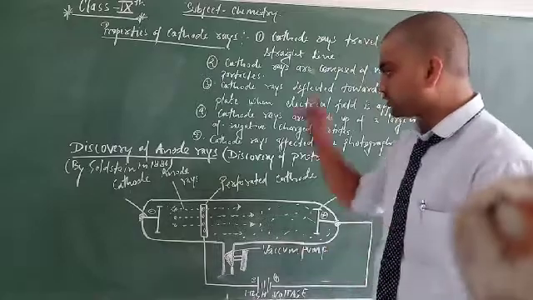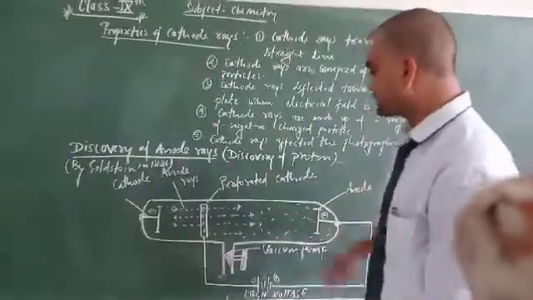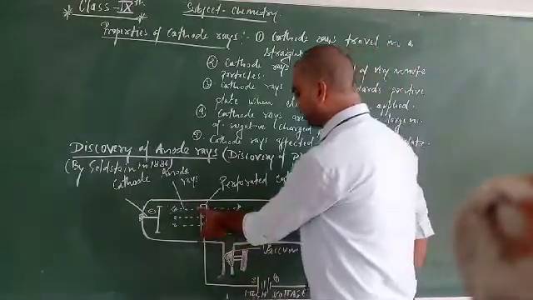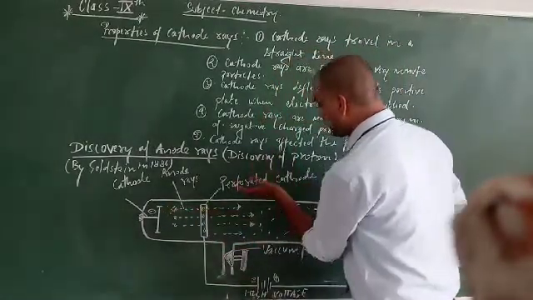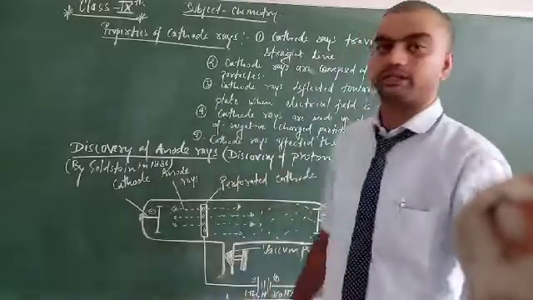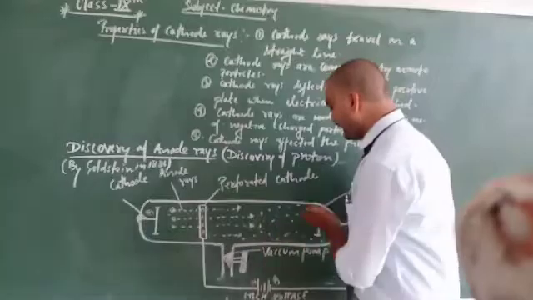But here Goldstein made some changes. He placed a perforated cathode, a cathode which contains some minute holes, to check the presence of anode rays.